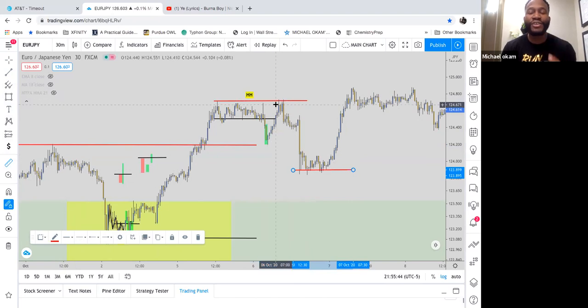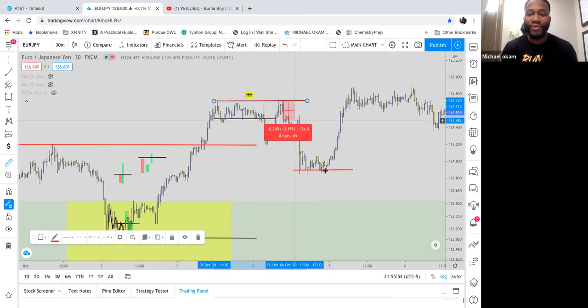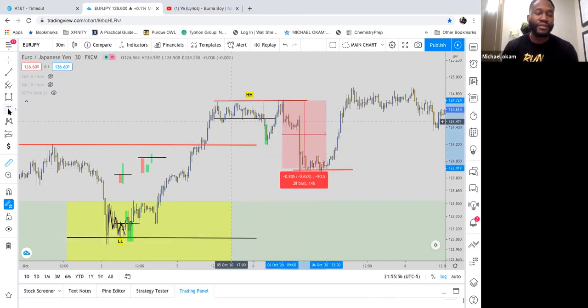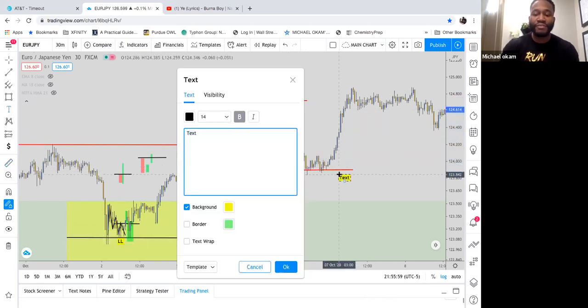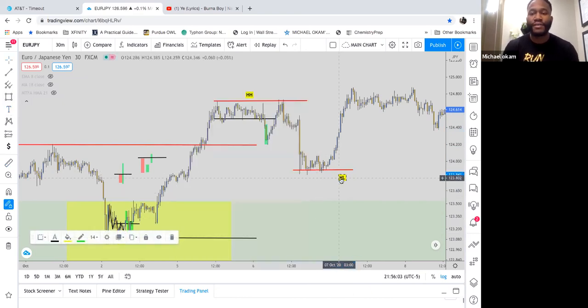Once I understood structure, when I got out of my first buy order, I was selling from the high to the new high low on the 4-hour time frame. If I go to the 4-hour time frame, this is our next high low position.